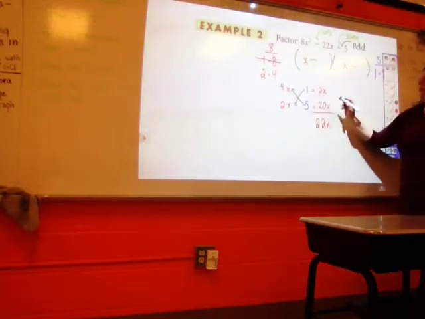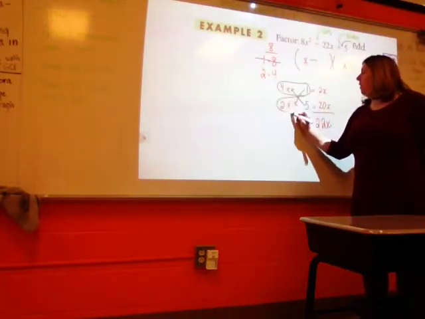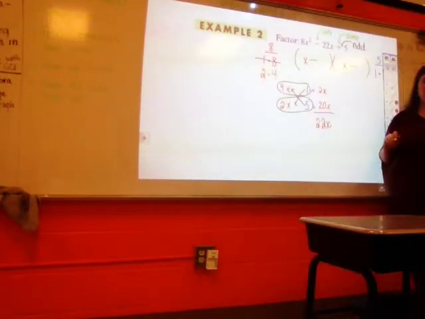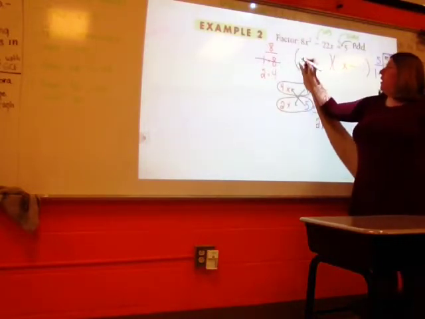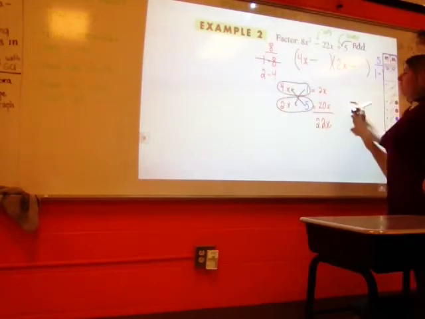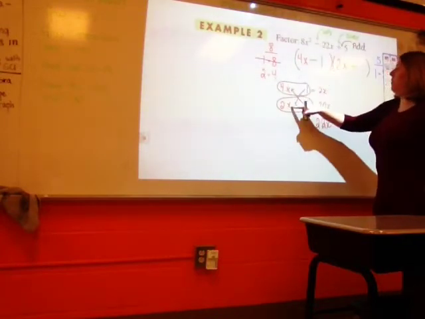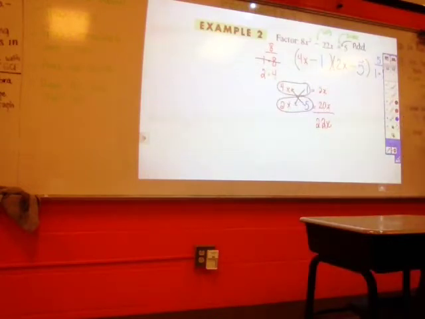So that means these have to go together. Everybody agree? So I can put my 4x here and my 2x here. My 4 has to go with my 1 and my 2 has to be with my 5. Ta-da, there we go.